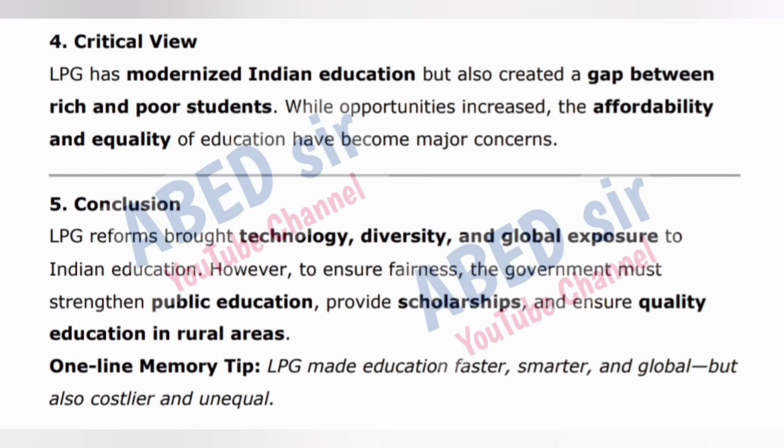LPG reforms brought technology, diversity, and global exposure to Indian education. However, to ensure fairness, the government must strengthen public education, provide scholarships, and ensure quality education in rural areas. One-line memory tip: LPG made education faster, smarter, and global, but also costlier and unequal.